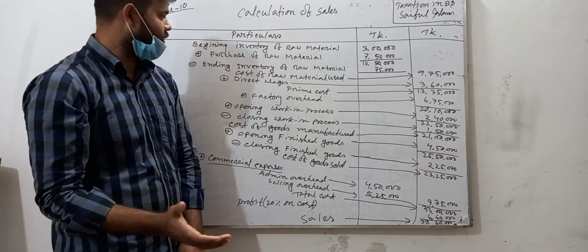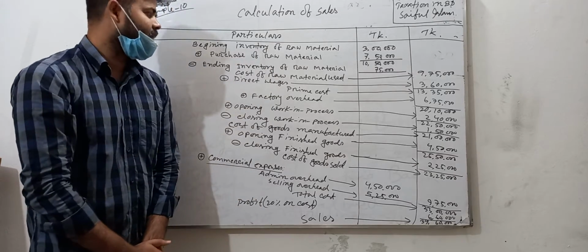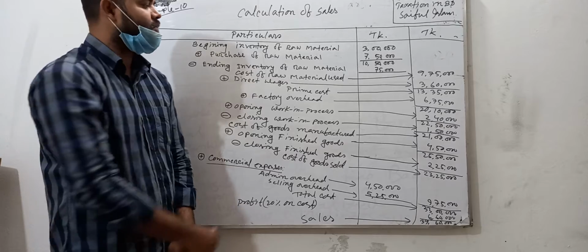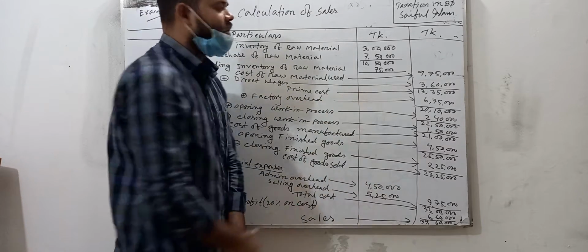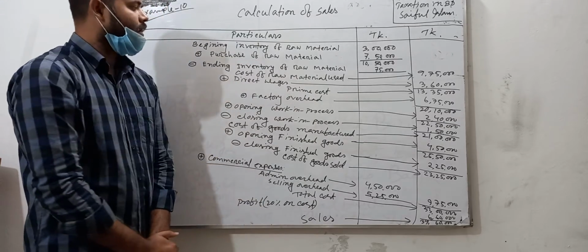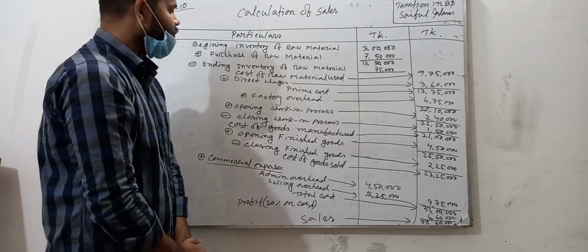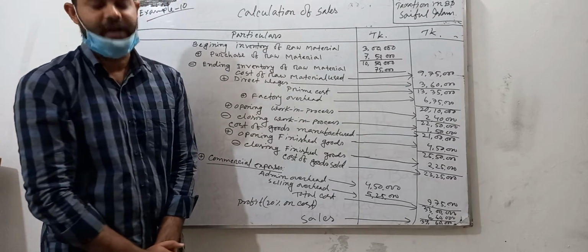Dear student, we know that cost of raw material used plus any direct wages or direct expense gives the prime cost. So here the prime cost is 13 lakh 35,000, and then factory overhead. We know that when we get the prime cost, we add factory overhead to it.